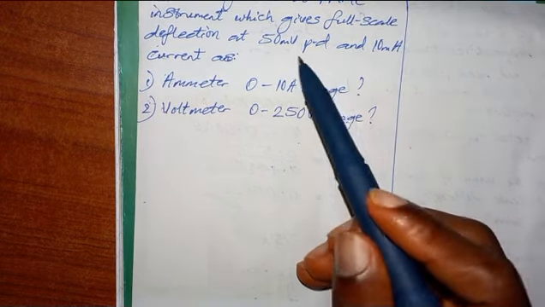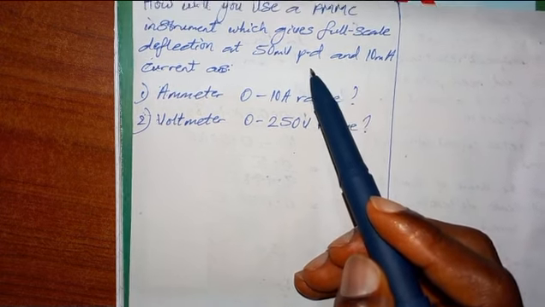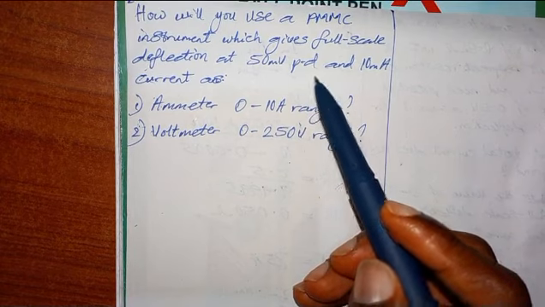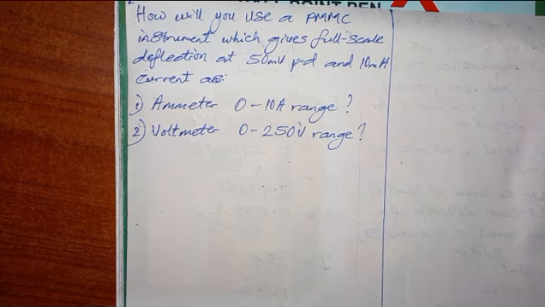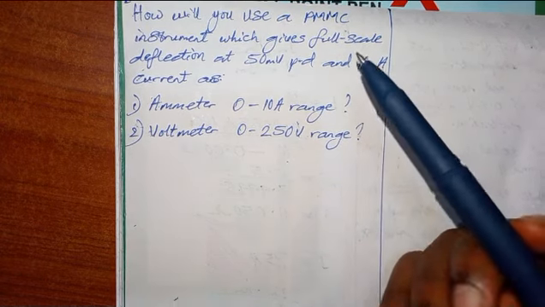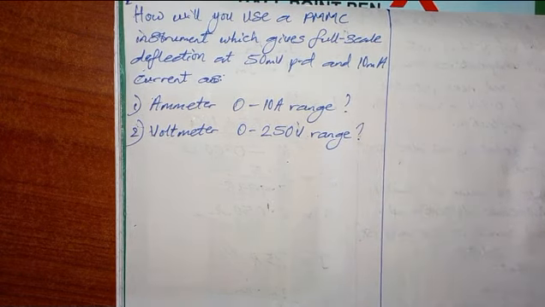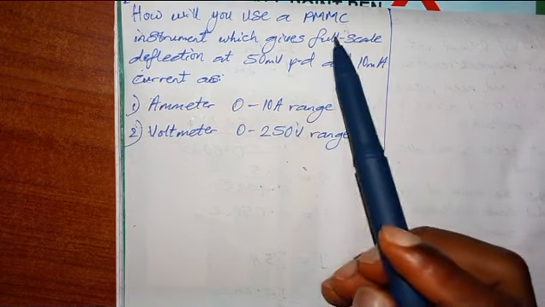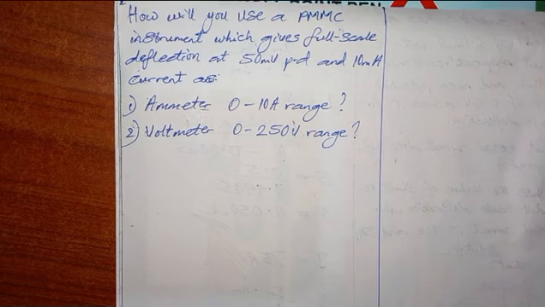This PD, please don't forget, means potential difference and it's also the voltage. And this PMMC is the permanent magnet moving coil. Please don't forget.